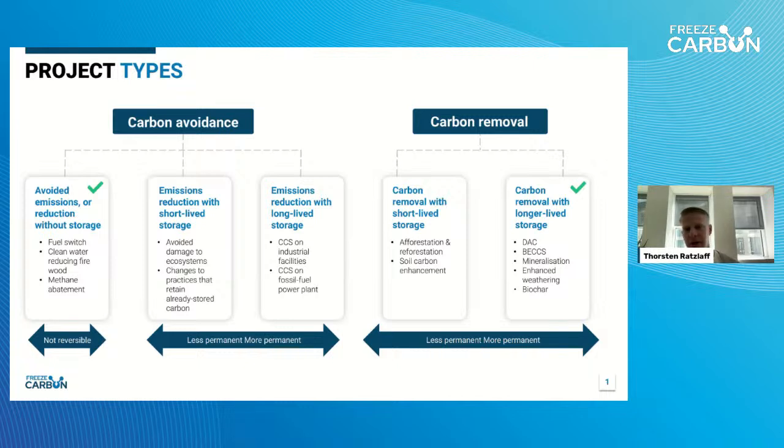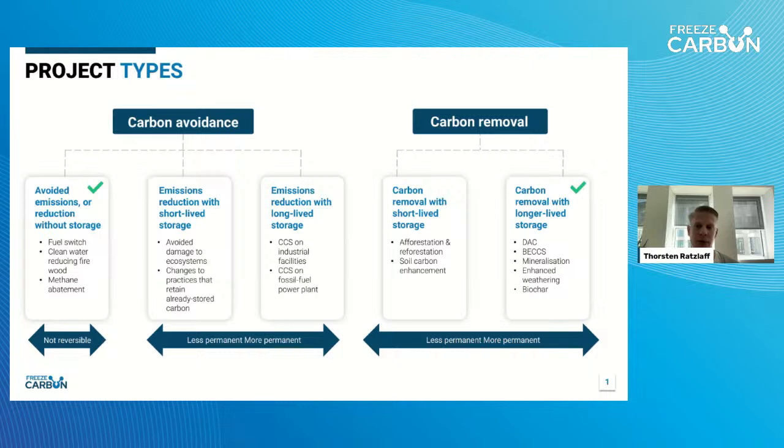And on the right-hand side, carbon removal, we need to make a distinction between the two buckets we see here. Carbon removal with short-lived storage, so reforestation projects or soil carbon, can be priced between 10 to 50 euros. We see averages around 20, 25 euros on that side.